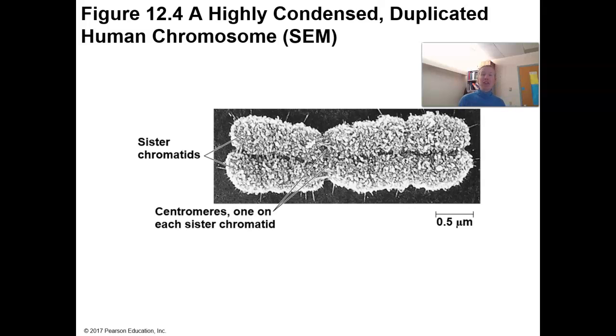This image of a chromosome was taken using a scanning electron microscope, because think about how tiny this is. This is a chromosome in its condensed form. It's all coiled up, ready to undergo division. Also notice it's at that point where it's already duplicated.